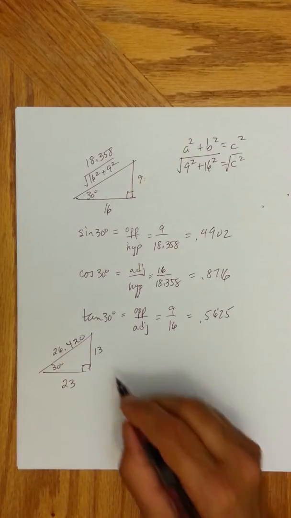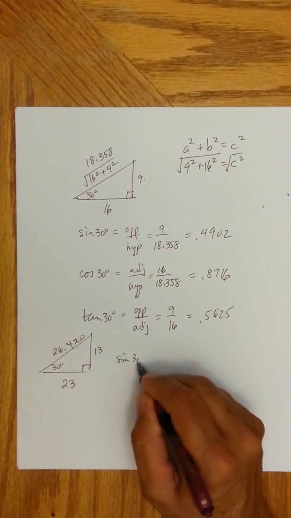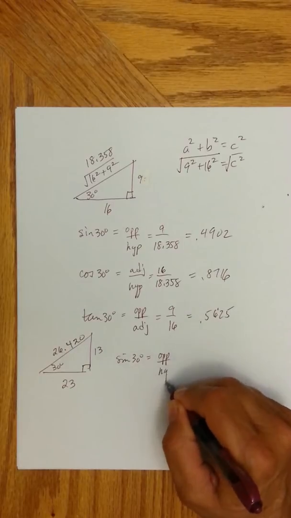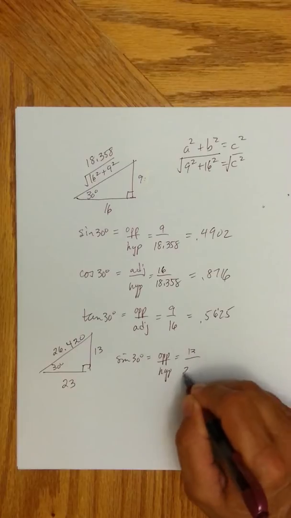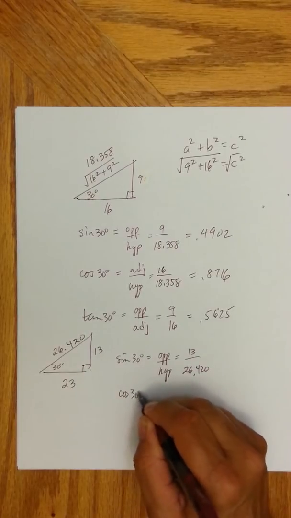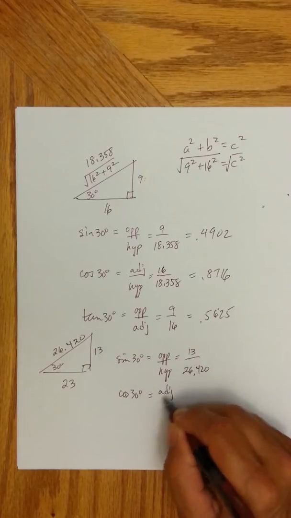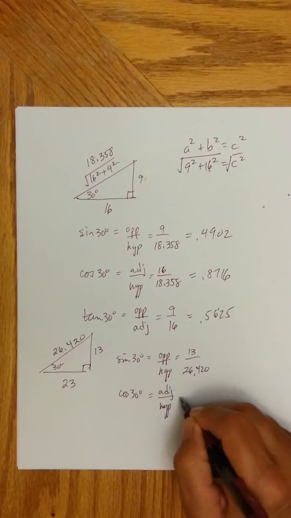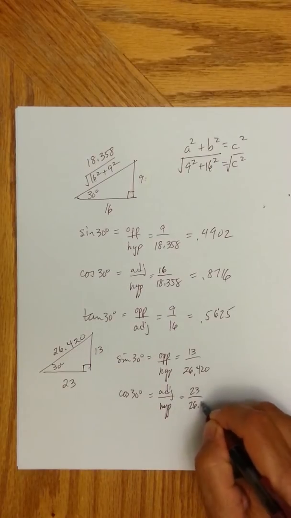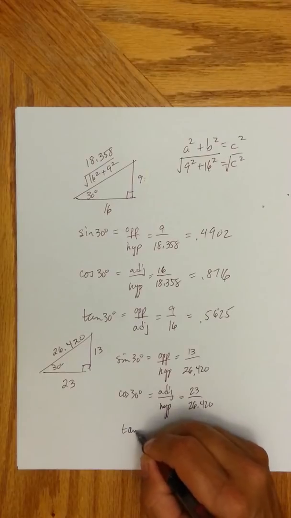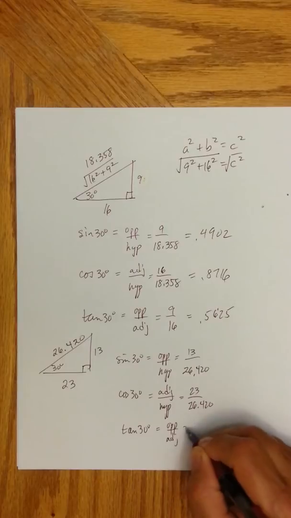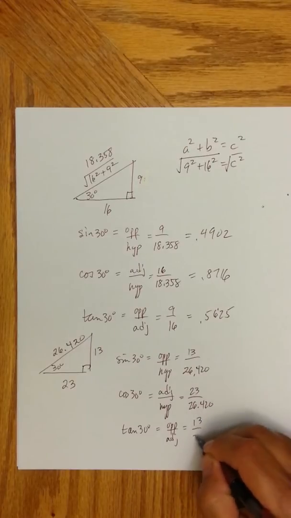So again, sine of 30 would be opposite over hypotenuse, which is 13 over 26.420. Cosine would be adjacent over hypotenuse, which is 23 over 26.420, and tangent is opposite over adjacent, or 13 over 23.